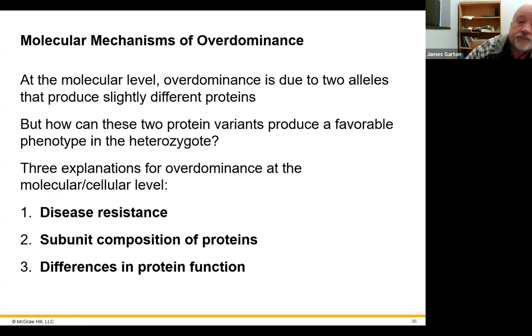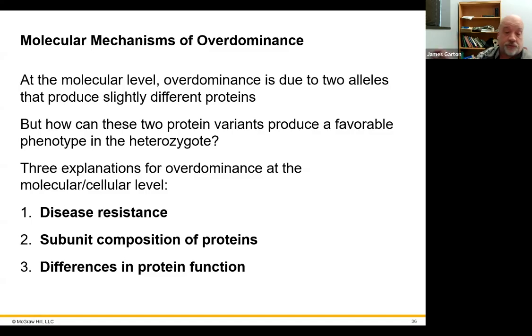There are some possible explanations of why overdominance exists. At the level of the molecule, overdominance can be due to two alleles that make very slightly different copies of the protein. And very often, proteins have to interact with each other to make a functioning protein. And so there are three potential explanations for overdominance.